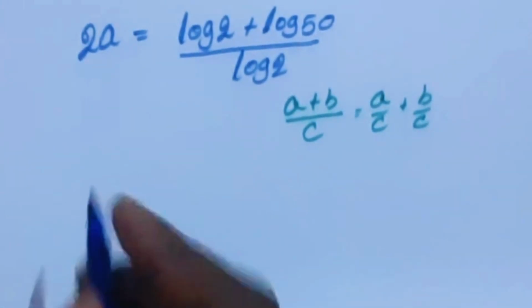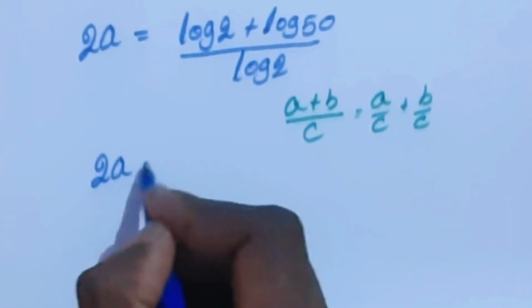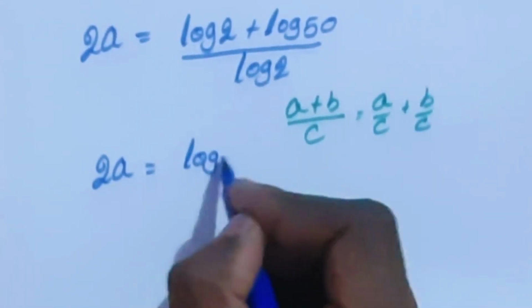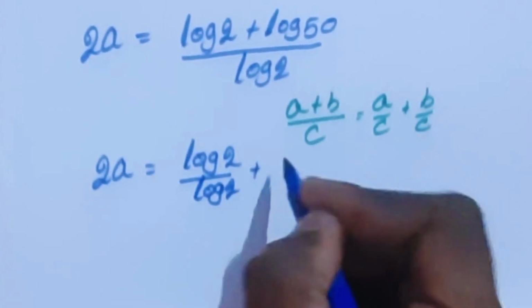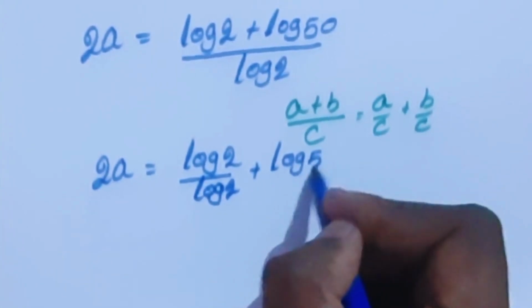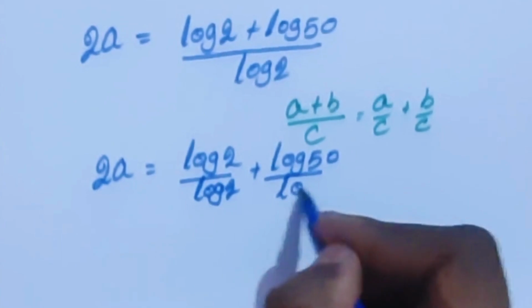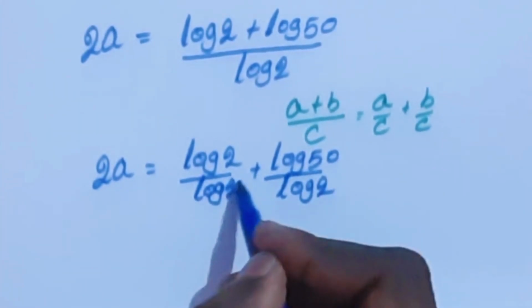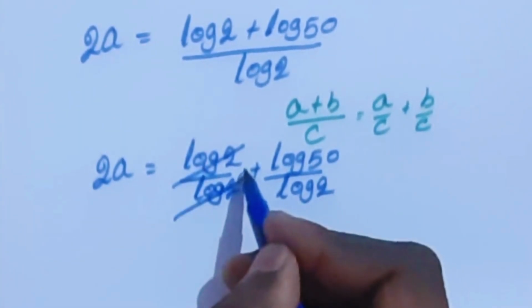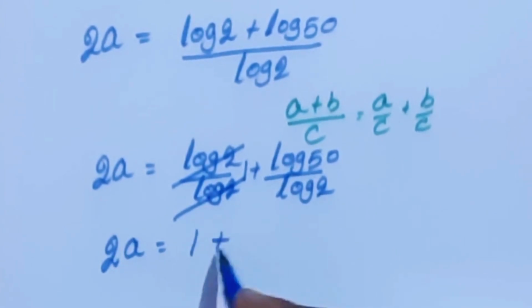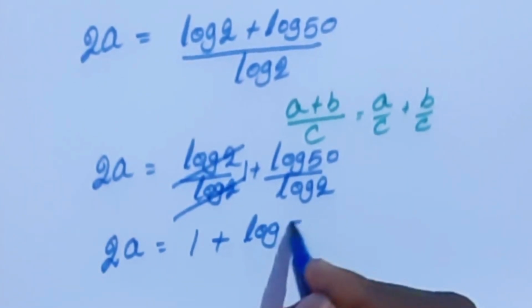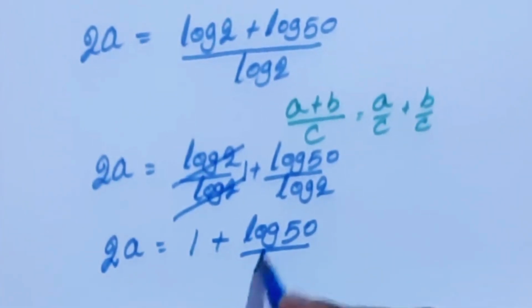So 2a equals log 2 by log 2 plus log 50 by log 2. Now this log 2 cancels this, so here we have 1. 2a equals 1 plus log 50 by log 2.